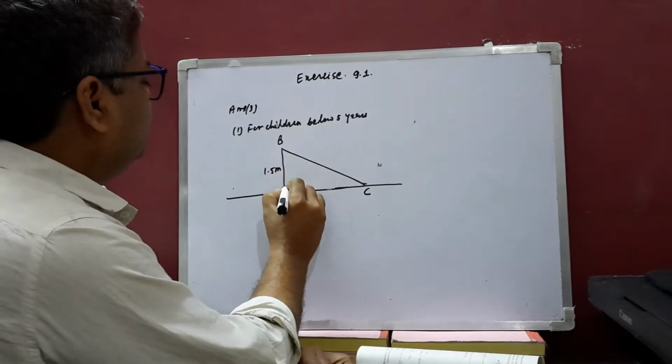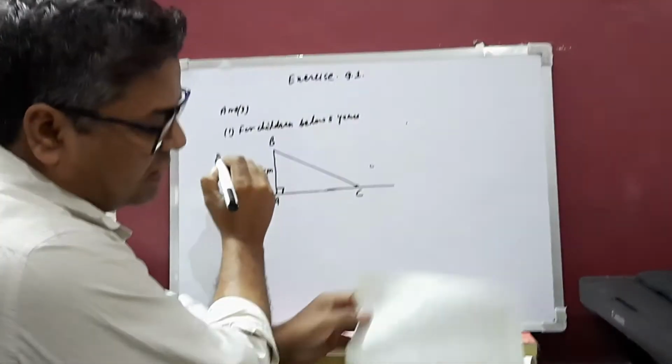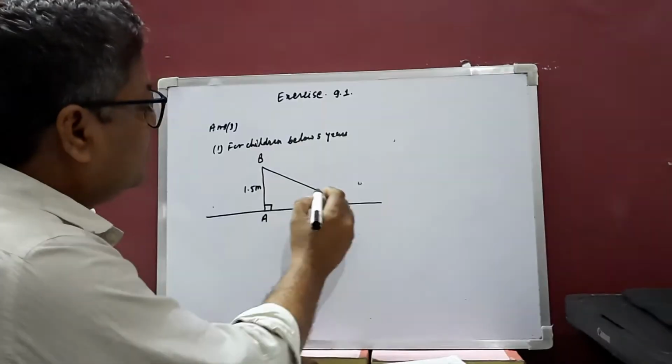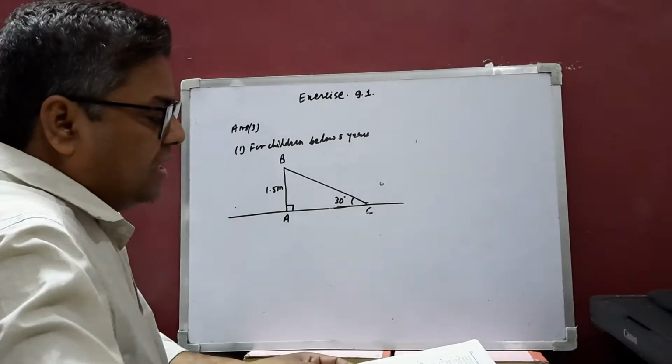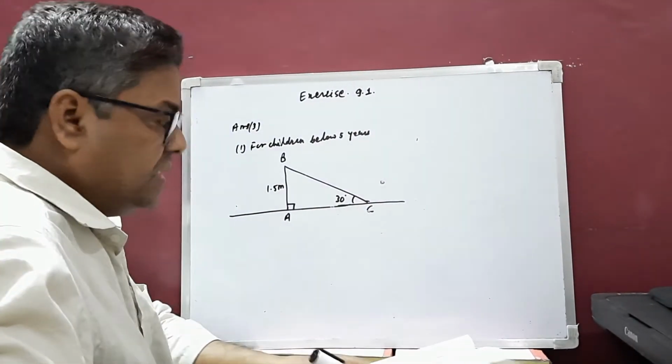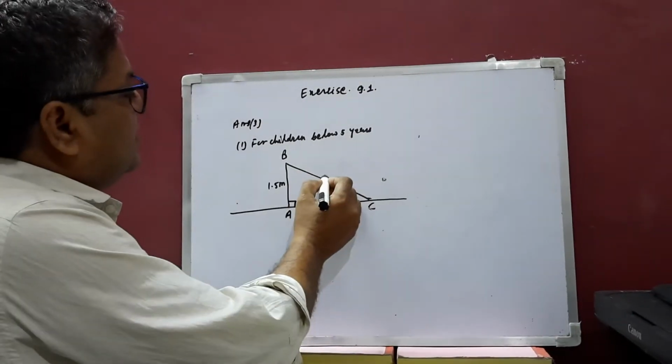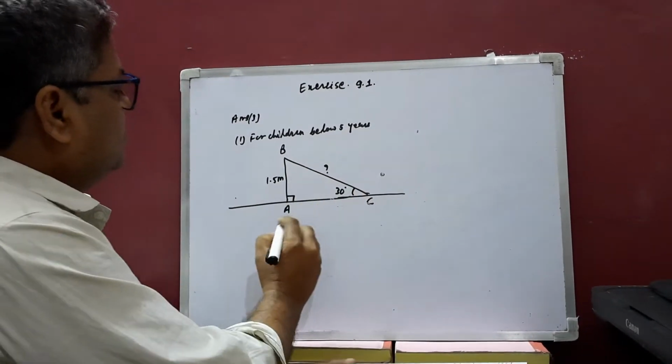Height of the slides is 1.5 meter, and the angle of elevation is what? This is 30 degree. So we have to find the length of the slides. This is asked.